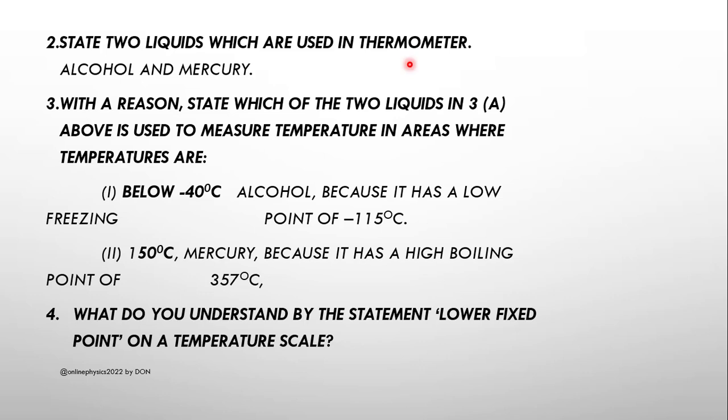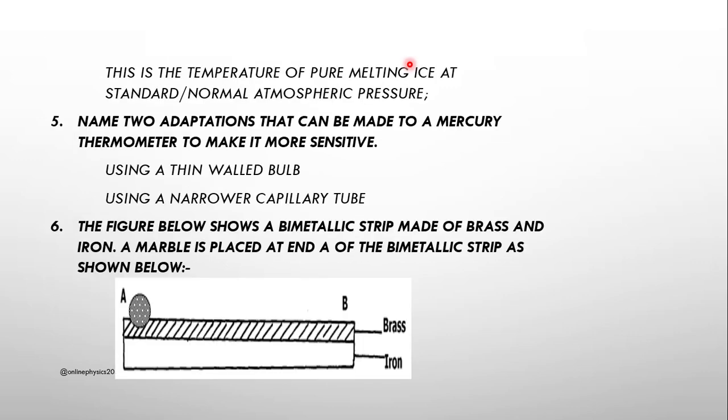Then now we also have some other terminologies here to define what we understand by the term lower fixed point on a temperature scale. So lower fixed point, this is the temperature of pure melting ice at standard or normal atmospheric pressure. Now we want to name two adaptations that can be made to a mercury thermometer to make it more sensitive.